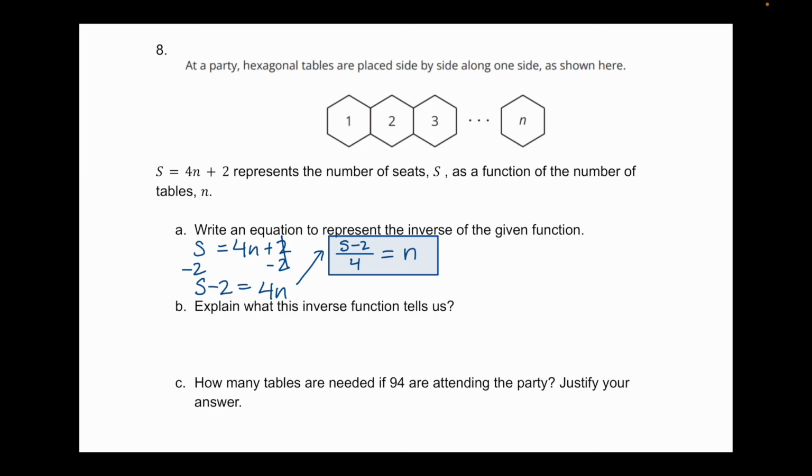What does it tell us? The number of tables, because n was the number of tables, so it's going to tell us the number of tables based on the number of seats.